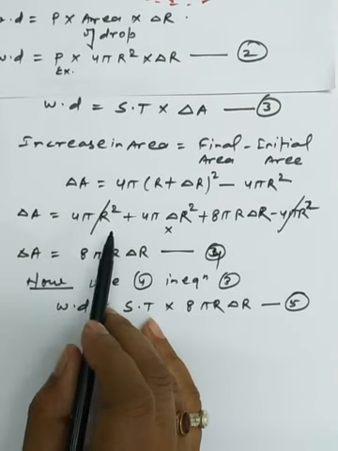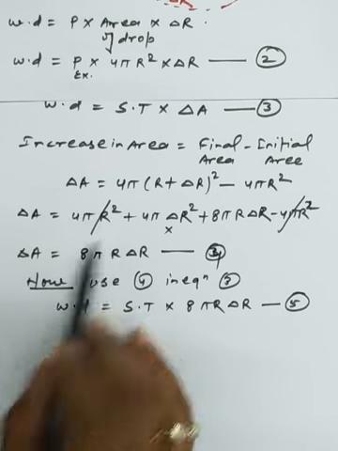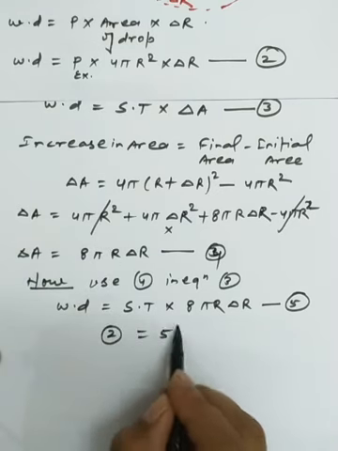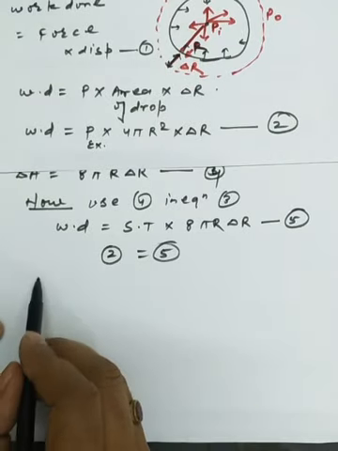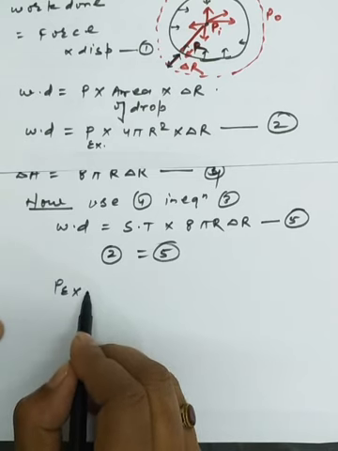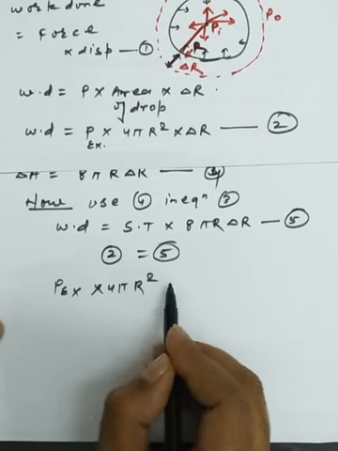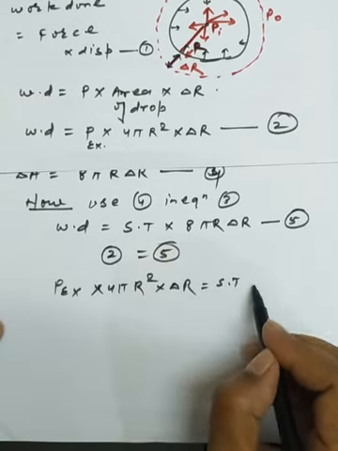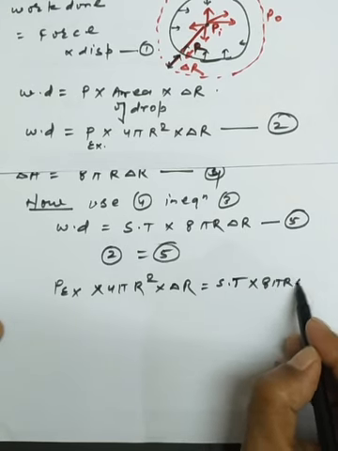Now equation number 2 is also the work done, and equation number 5 is also the work done, which involves the excess pressure. So 2 can be equated to 5. So P excess into 4 pi r square into delta r equals the surface tension into 8 pi r delta r.